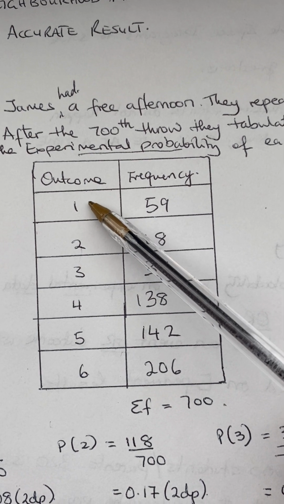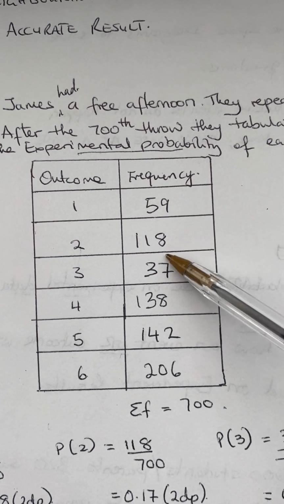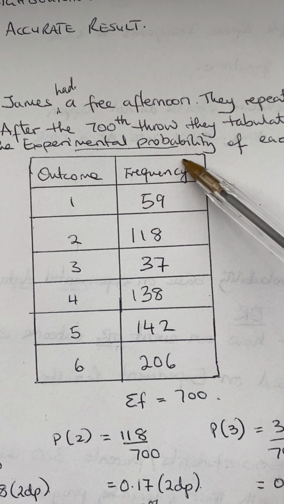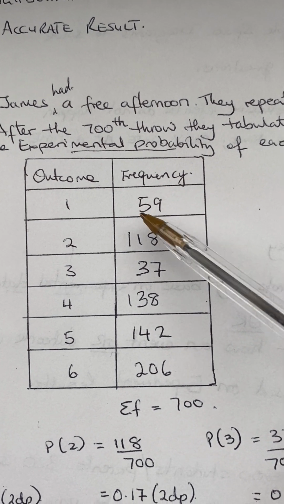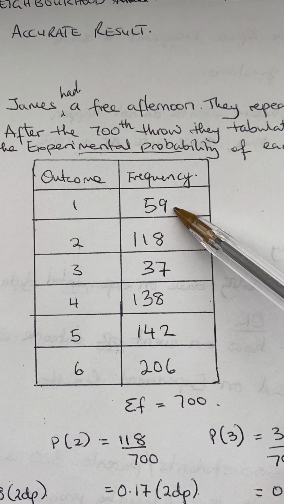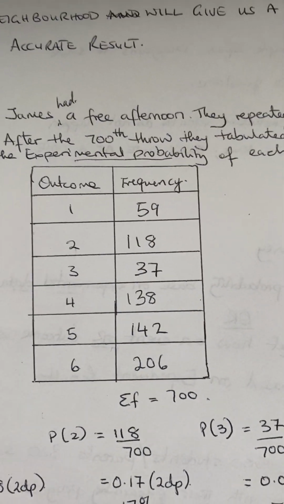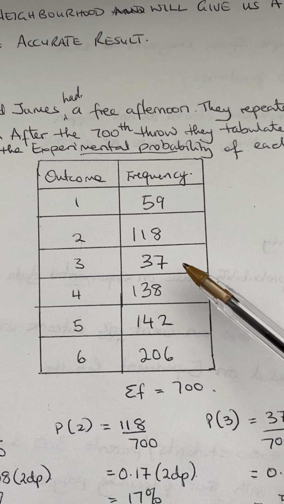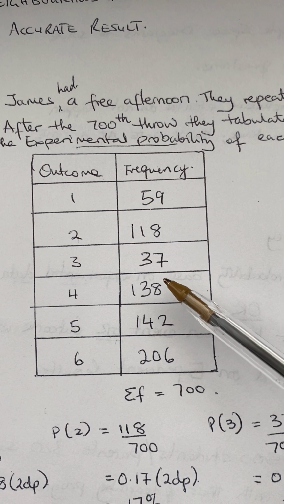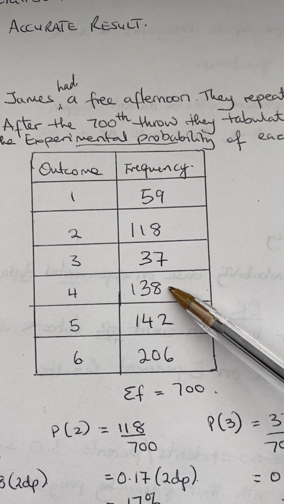So this is what they had. On the die they had 1, 2, 3, 4, 5, 6. So after each throw, they'd throw and do a tally. The frequency of getting a 1 was 59. Okay, the frequency of getting a 2 was 118. The frequency of getting a 3 was 37. For 4, they got 138.